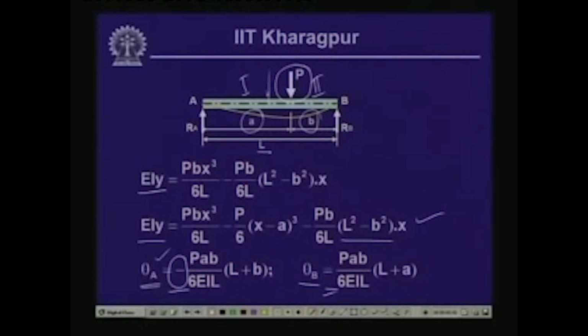If we substitute the values of a and b as L by 2, we get the situation where the beam is subjected to a concentrated load acting at the center of the beam, and thereby the distances from the two ends are equal to L by 2. Hence, that gives us a particular case of this generalized loading situation.